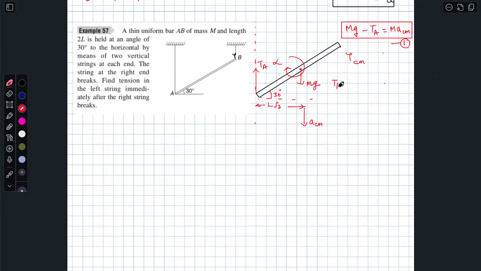So therefore, T_A times L root 3 is m times 2L square, because the length is not L. You are applying torque about this point, so moment of inertia about an axis passing through the center perpendicular to the length is ml square by 12. What else?